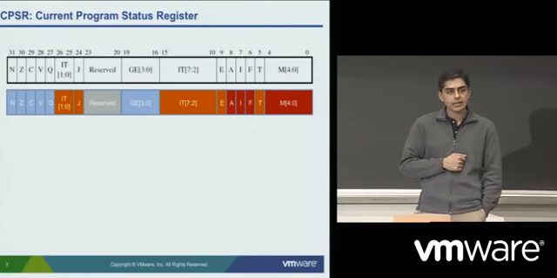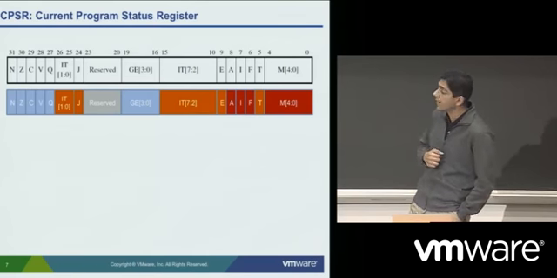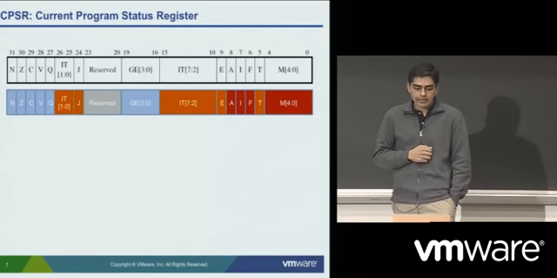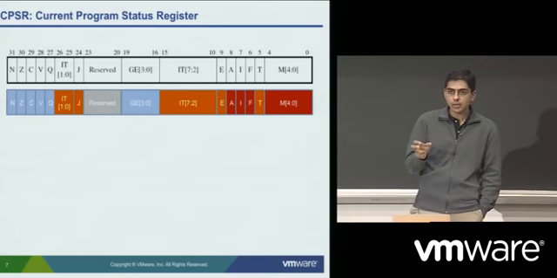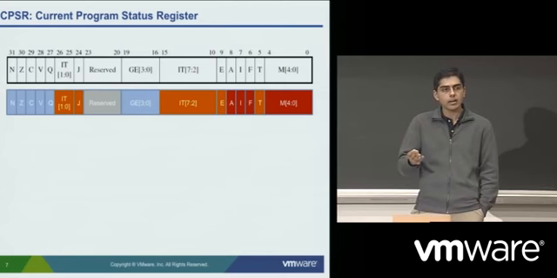But it also has a bunch of privileged state. For example, it has interrupt enable disable, which is the I bit on the right. It also has the current mode of execution, which sits in the least significant bits, which basically says, are we in user mode, are we in abort mode, are we in supervisor mode, and so on.